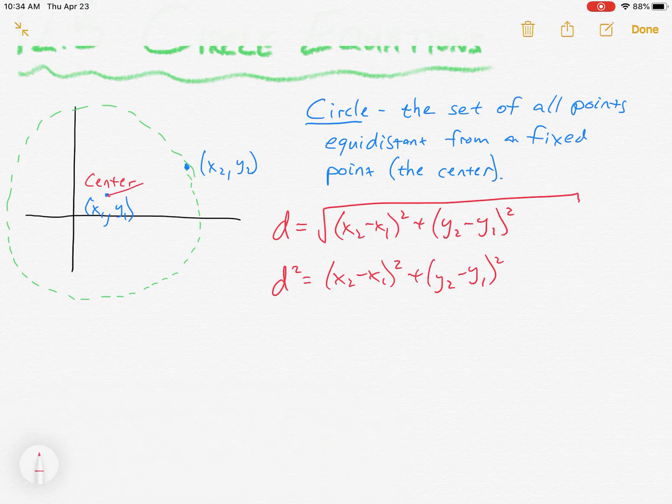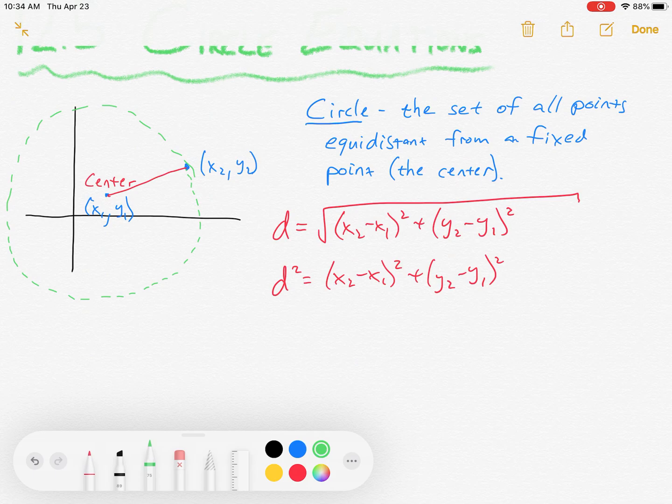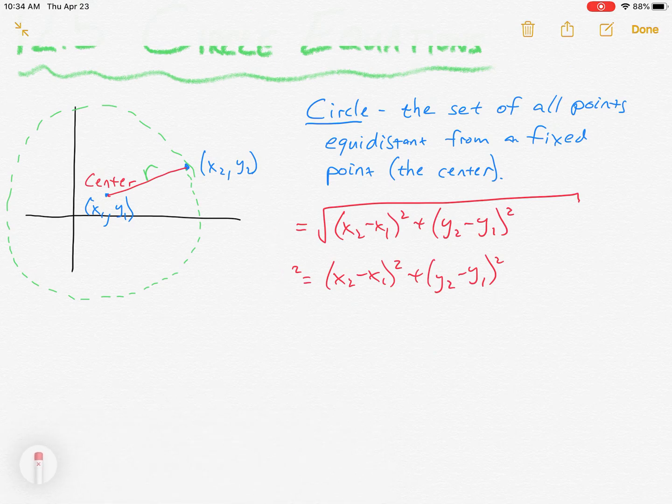So let's go in and change that d and make it an r. So therefore, this would be an r also. And that makes more sense.